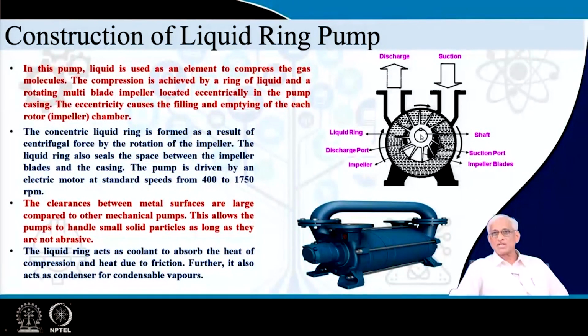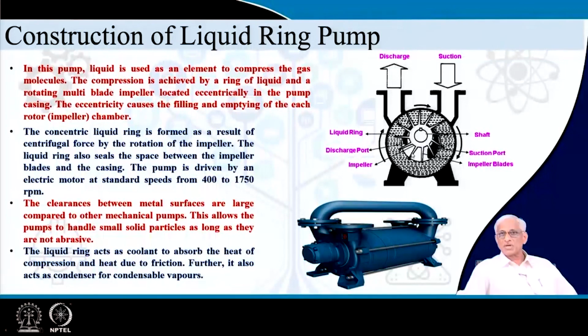When you start rotating this eccentrically situated impeller having multiple vane type of structures, the water which is initially kept inside the chamber, maybe half filled or 3/4, will automatically form a ring because of centrifugal forces.